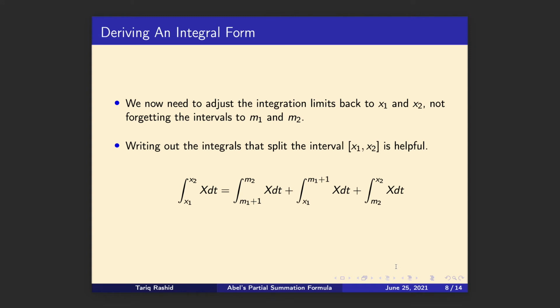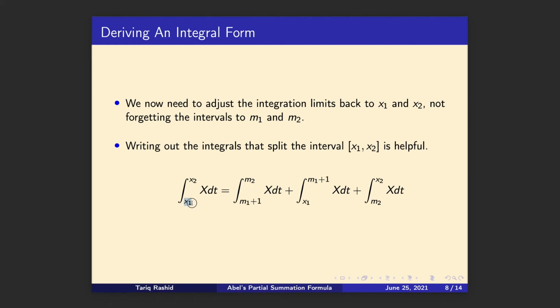Now, we moved our calculations, our algebra, into working with m1 and m2. And that was just for simplicity. But ultimately, we want to go back to x1 and x2 because that's more general, and that's what we started with. So let's make a general observation, which is going to help us.